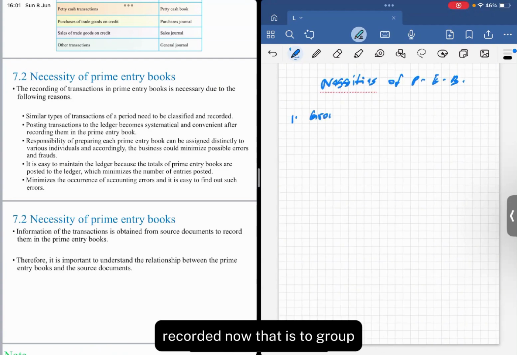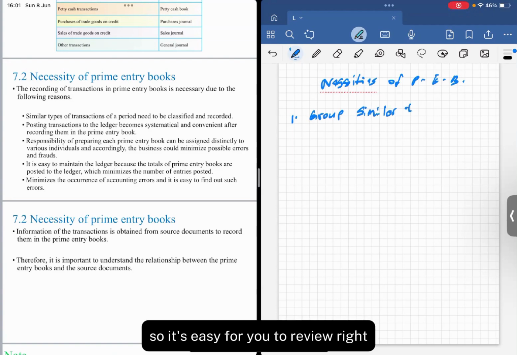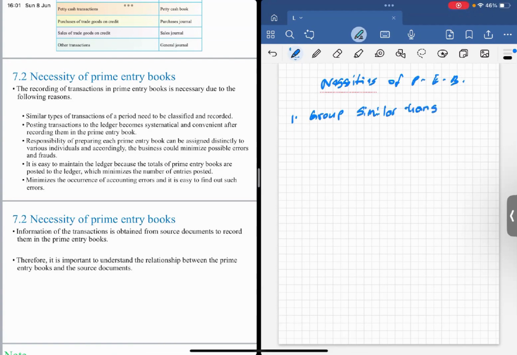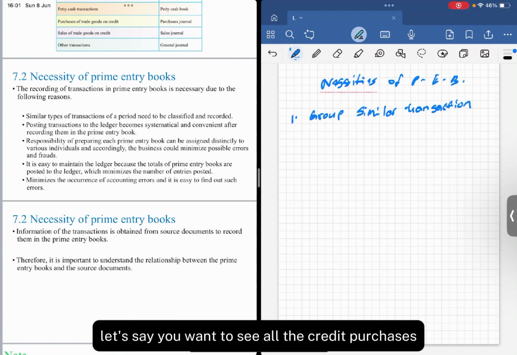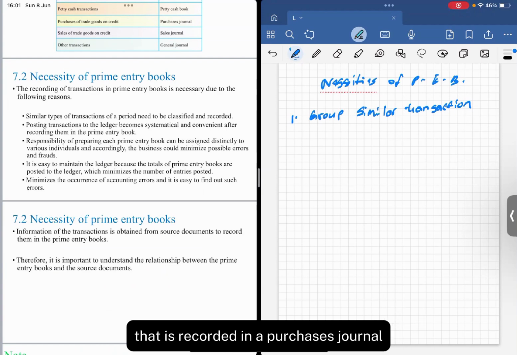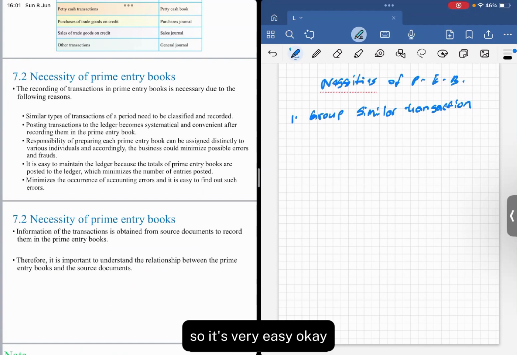Now that is to group similar transactions. So it's easy for you to review, right? If similar things are grouped, you can review it easily. Let's say you want to see all the credit purchases that are recorded in a purchases journal. So it's very easy.